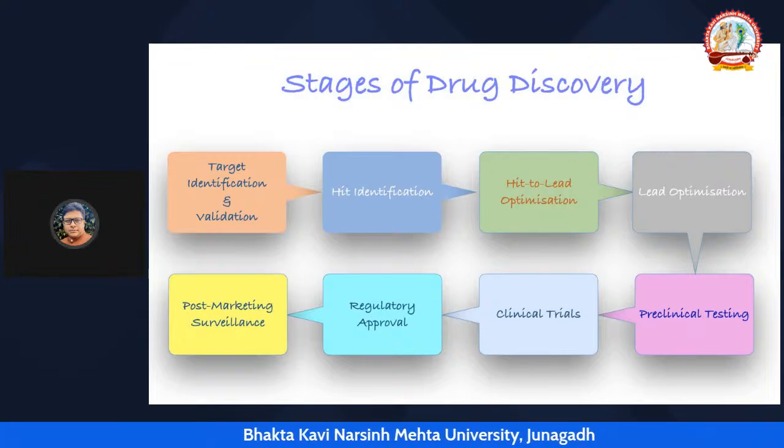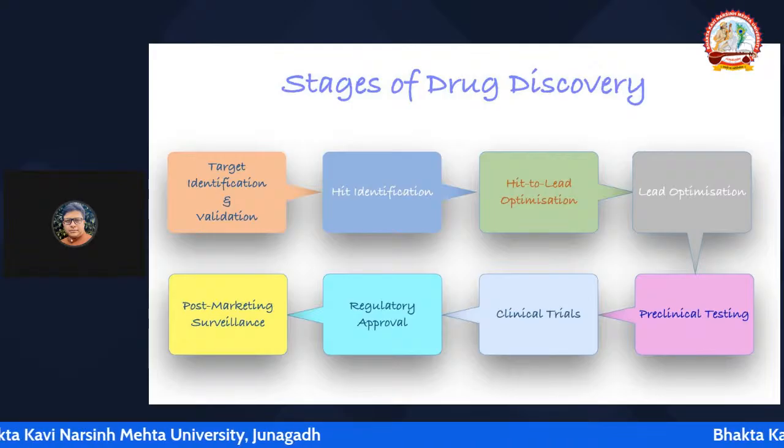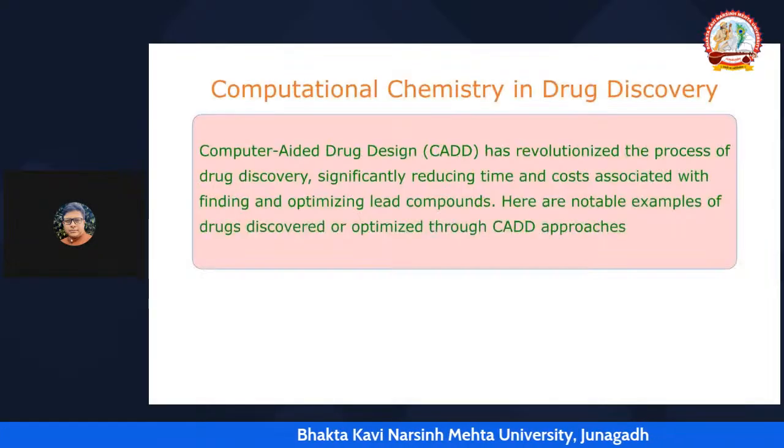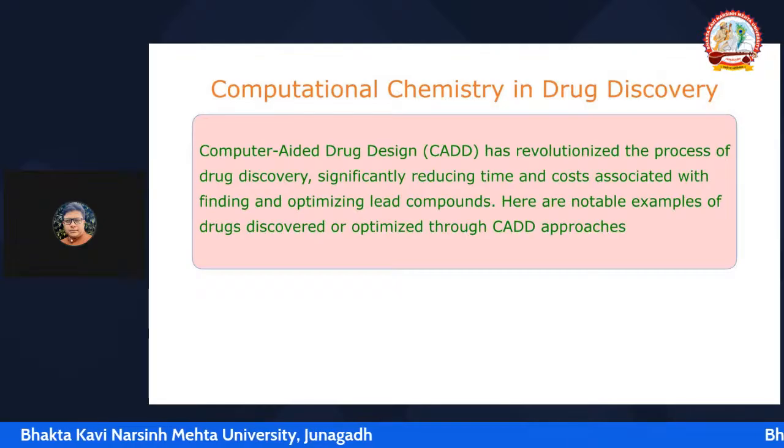But except for celecoxib, rofecoxib and valdecoxib had to be withdrawn because they were causing cardiac related problems, heart related problems.